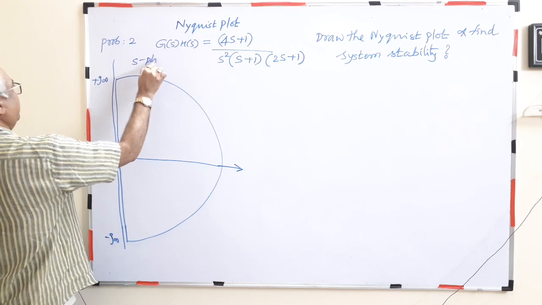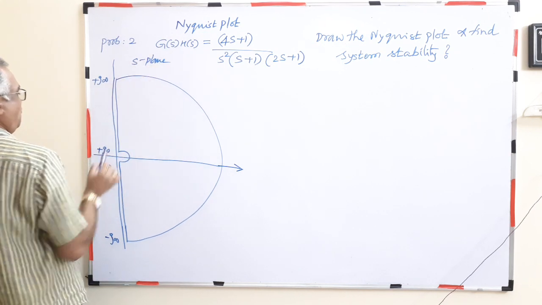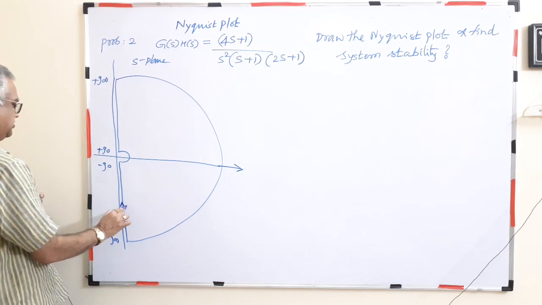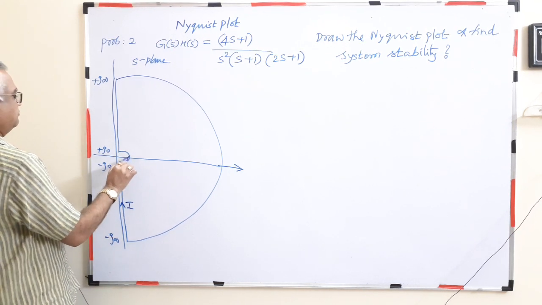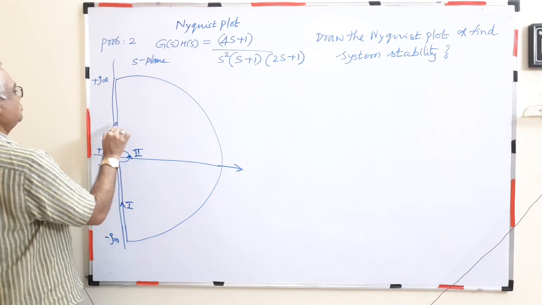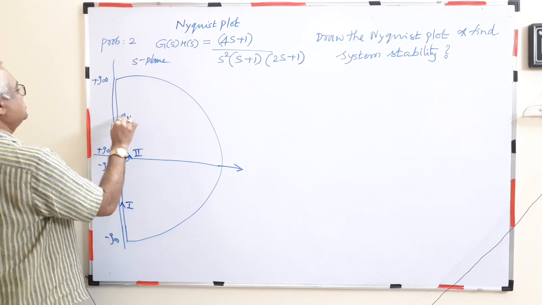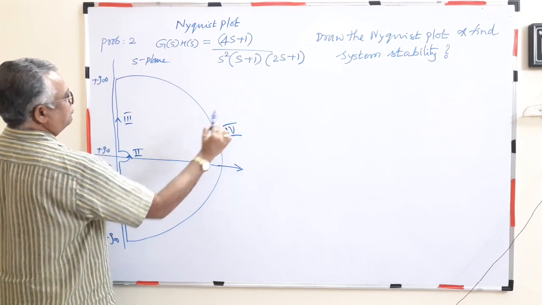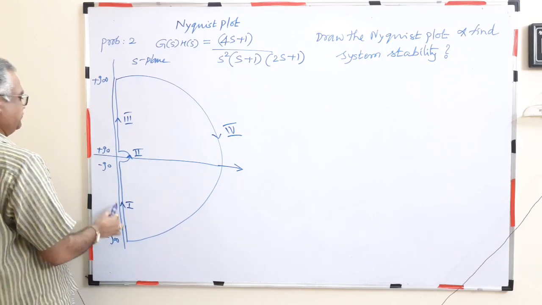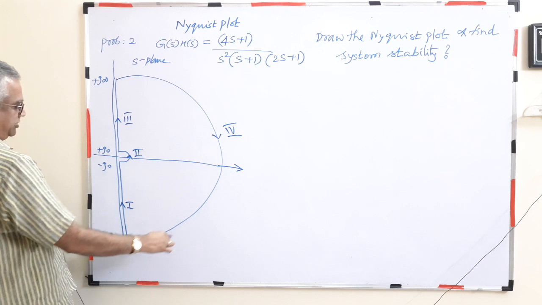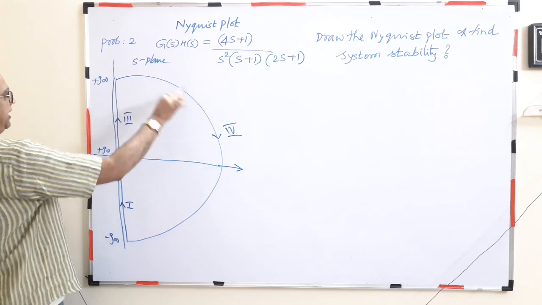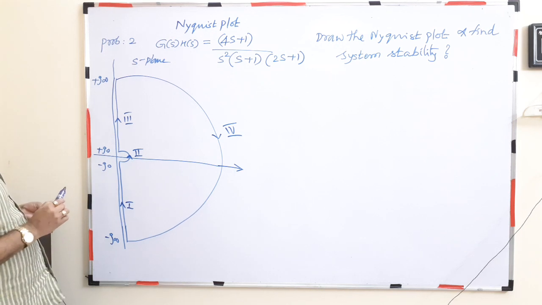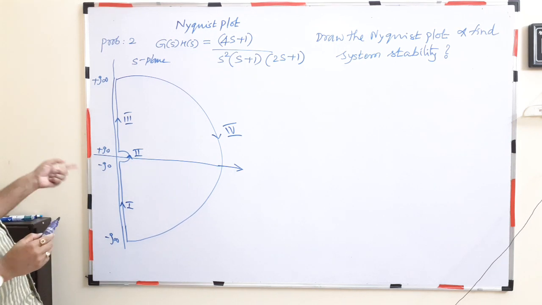This is S plane. This is section 1, section 2, section 3, section 4. So you have selected in clockwise. This is not mandatory, you can also select in anti-clockwise, but one method you have to follow. So I am following this.